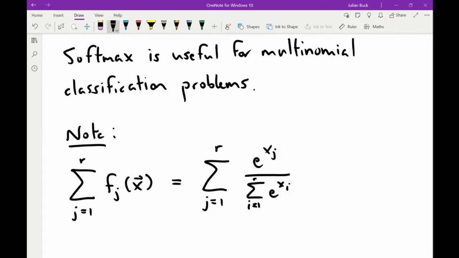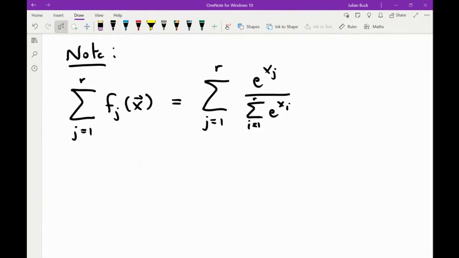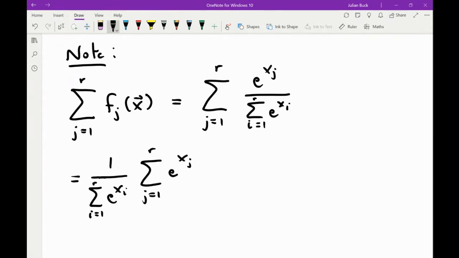Now we're just going to play around with some summation notation. The sum in the denominator is indexed over i, so as far as the indexing over j goes, the sum in the denominator is a constant. So I can just pull it out. What I've got is 1 over the sum from i equals 1 to r of e to the x sub i, times the sum from j equals 1 to r of e to the x sub j.